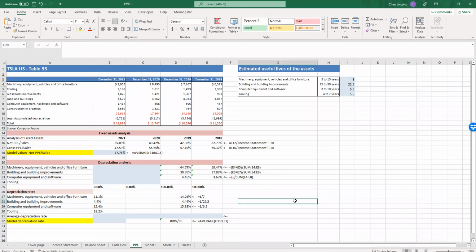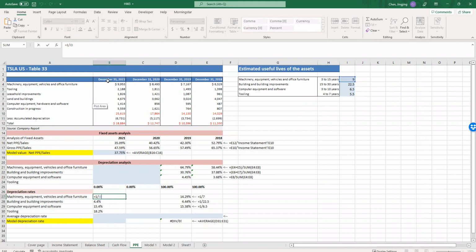Here we can see the average depreciation rate. That would be just 1/9. So approximately we can depreciate the machine here. This is the book value divided by 9. And every year it will be depreciating at this rate, 11% for 9 years. So all the book value will be gone.